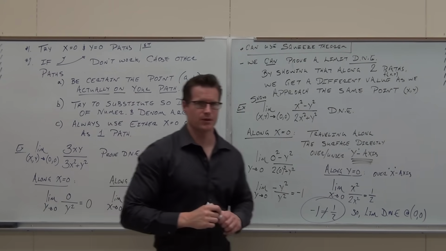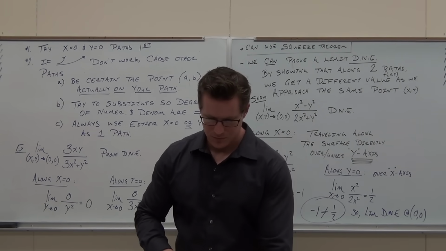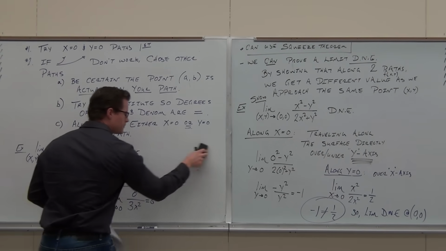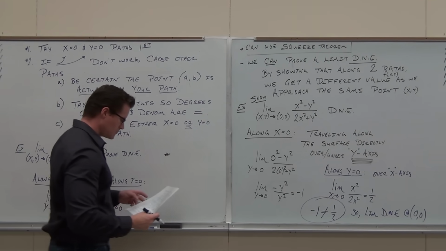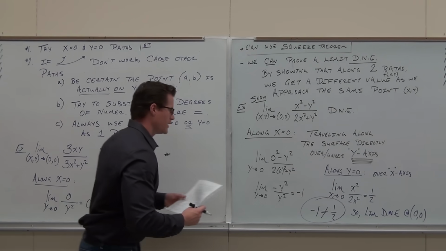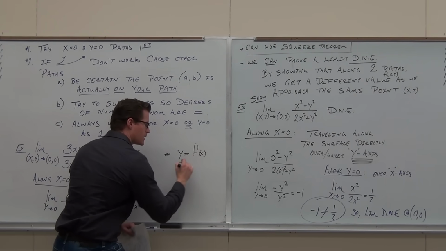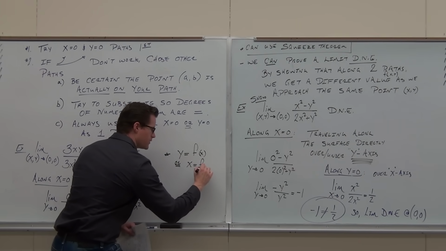I'm going to look over here, and I'm going to choose, you know what, I'll make a little side note. I'm going to choose so that this happens. I want to pick y equals a function of x, or x equals a function of y.